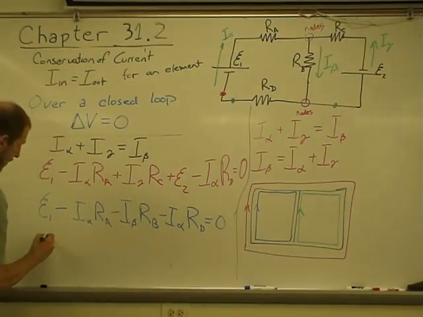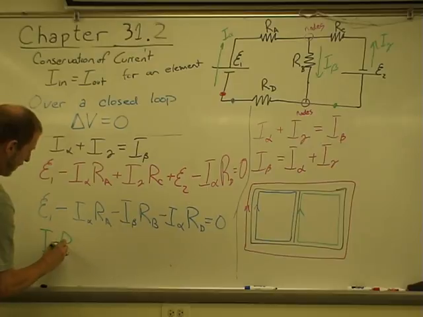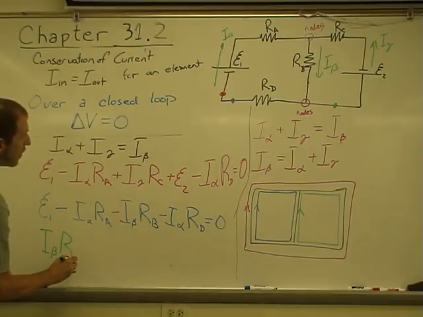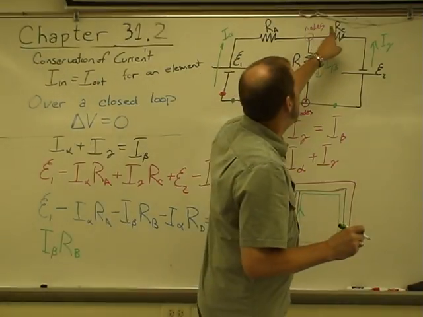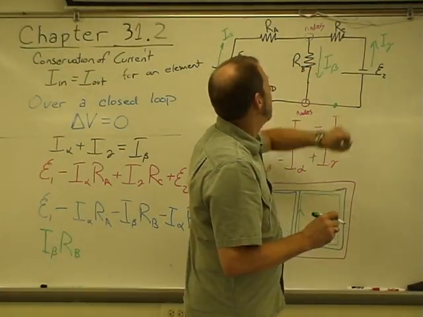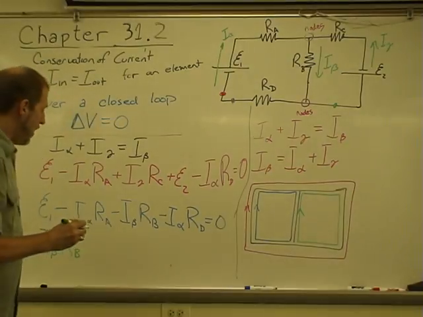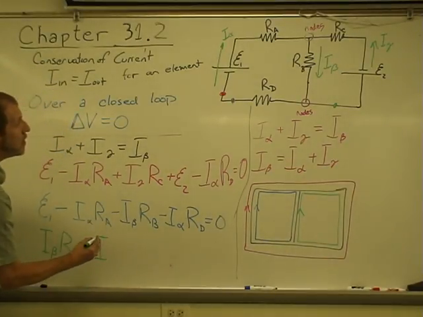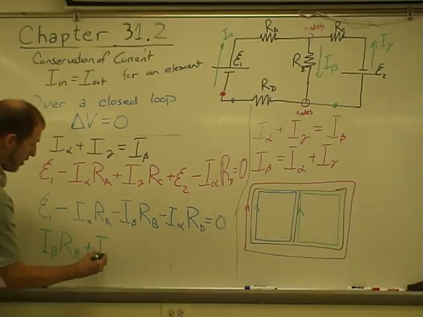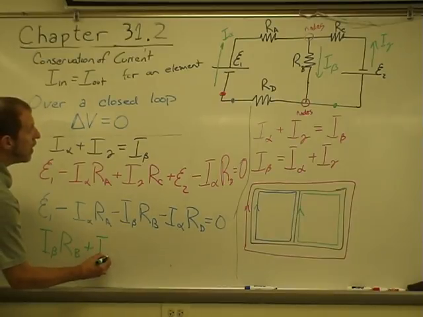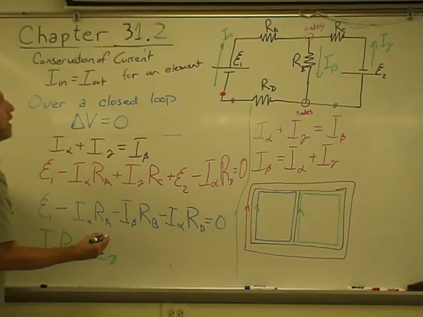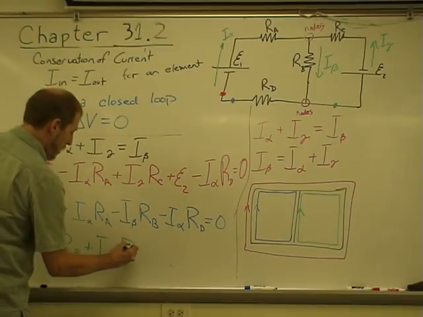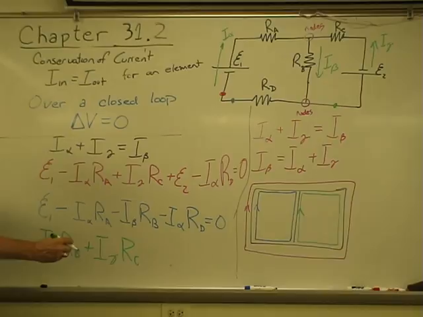So I have current beta times resistor B. I'm going against the current yet again, so I've got current gamma times RC.